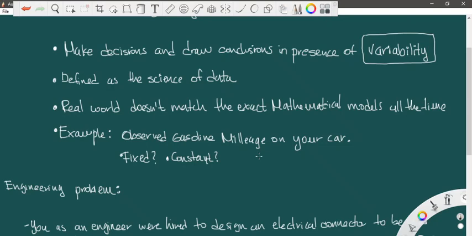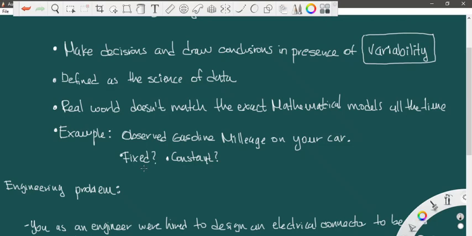So if you are observing this gas mileage on your car, the question is, is this value always fixed? In other words, can I tell that my car is using 1 liter every 5 kilometers? Is this value fixed all the time? Is it a constant value?